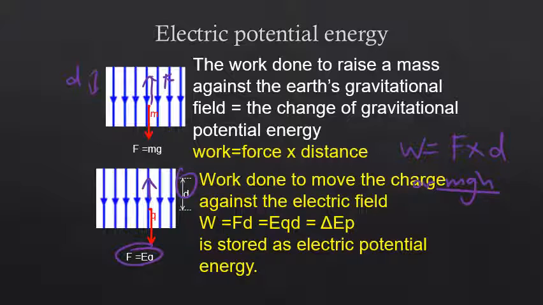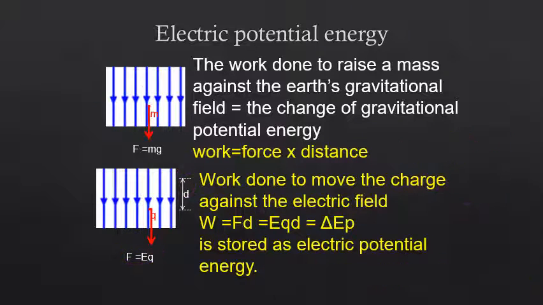So just like mgh, we have another equation which will be associated with work, which is going to be work equals EQd, and that's going to be the change in potential energy, E P. And we also call this the voltage, but that's for later.